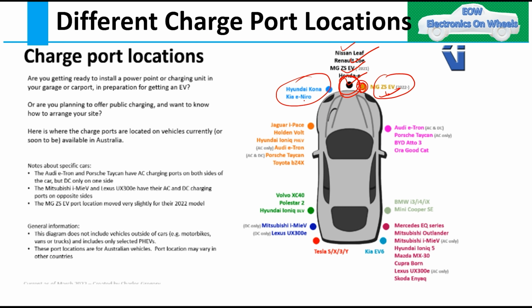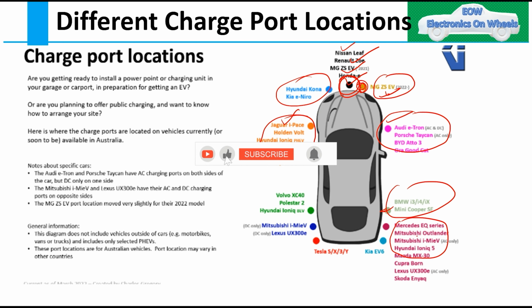Then the Hyundai Kona is using this location. On the left side of the car, the Jaguar I-Pace is using it, and the Audi e-tron is using the right side. Then BMW is using the back side, and the Mercedes EQ series also uses the back side.